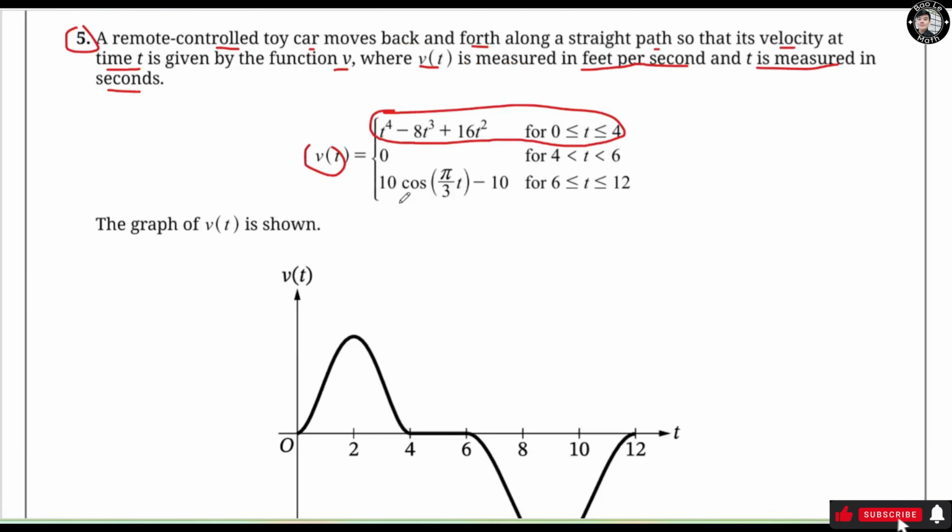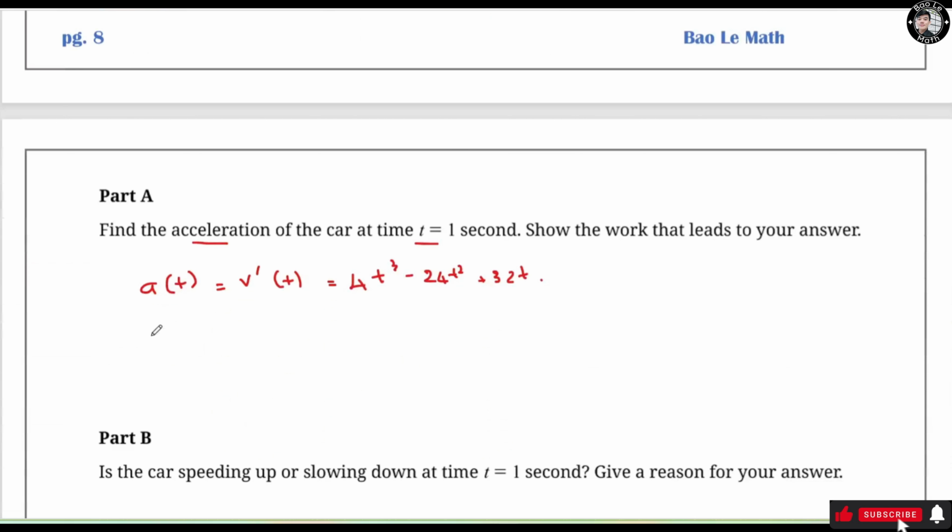The reason why we use this function is because t equals 1 is inside this interval. Now we have a(1) is v'(1). It's going to be 12 feet per second squared.